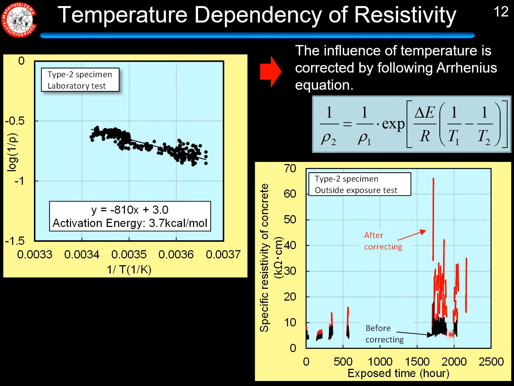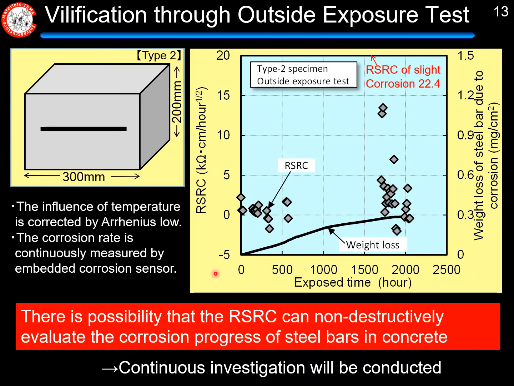The black result is before correcting, and the red one is after correcting the temperature effect. This graph shows the relationship between the RSRC and exposure time.